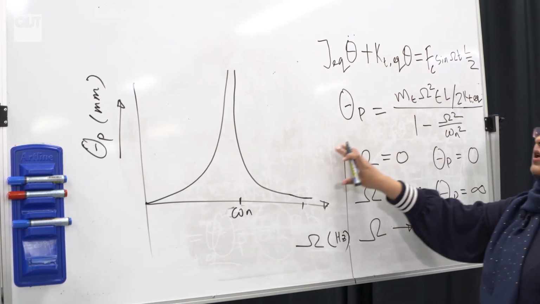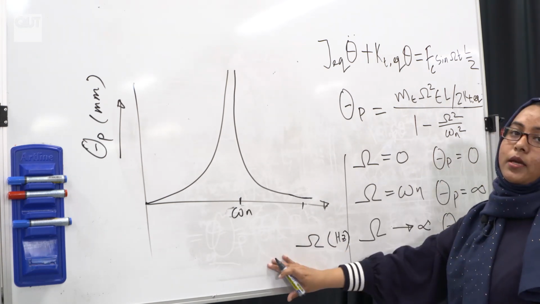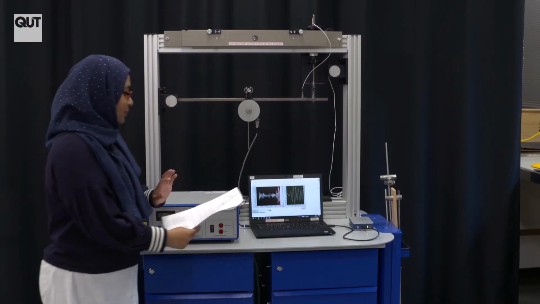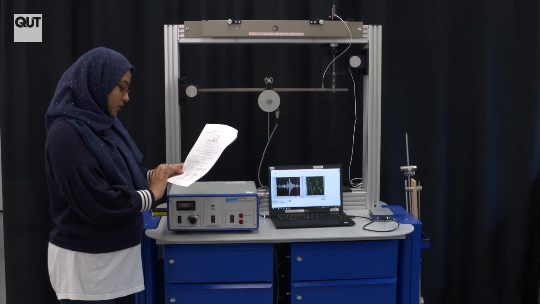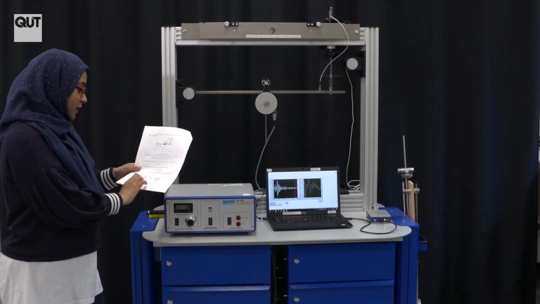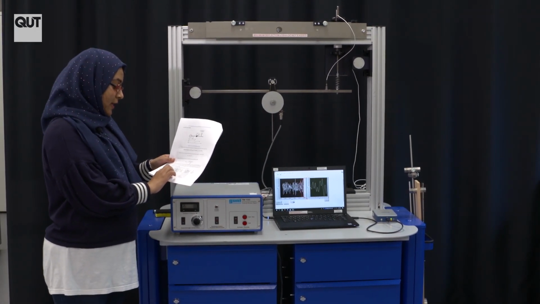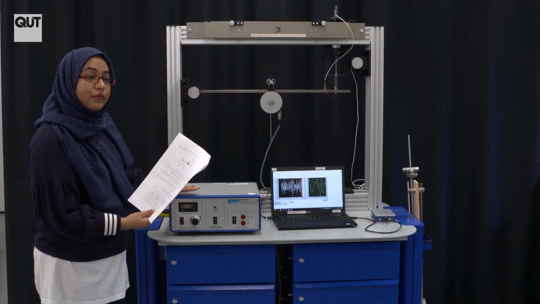Now, we need to see from the experiment how the system really behaves. To get the experimental data, I am referring to table 6 of your handout, where you first need to fill up the first column, which is the frequency of the exciter that we get from the function generator.